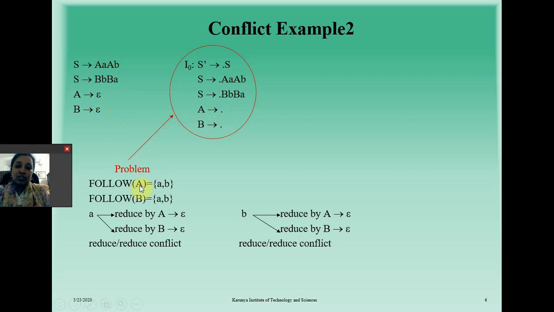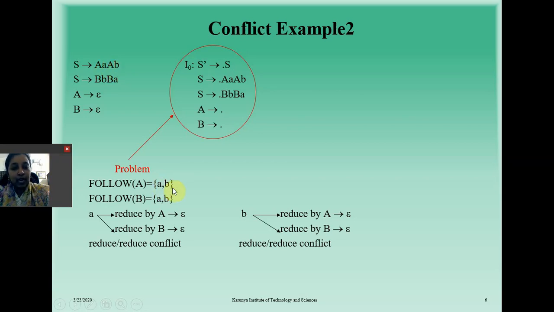To make an entry of the reduction based on A produces epsilon and the entry based on B produces epsilon, we are supposed to find follow of A and follow of B. For A, A is followed by small a and A is followed by small b.